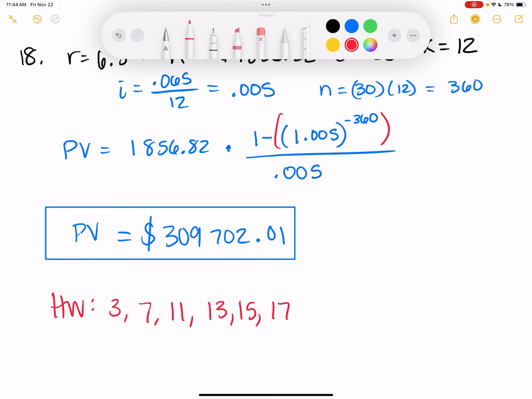If you want to go back as optional extra, just for practice, 1, 5, and 9 would be extra practice of the first 3 types, but I think that's pretty much good.